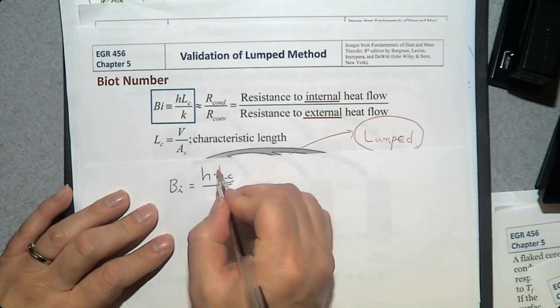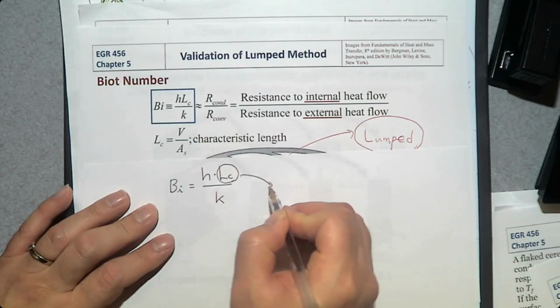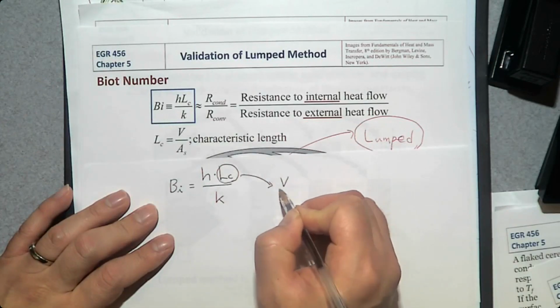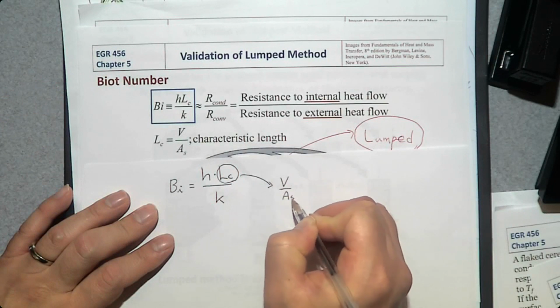In this case, the characteristic length is the volume divided by the surface area.